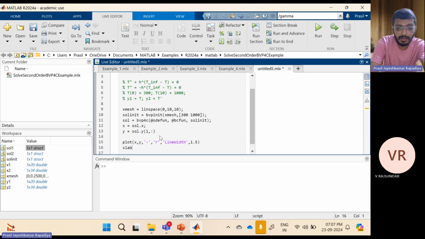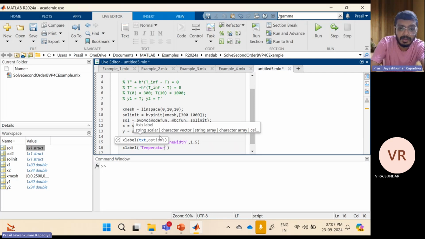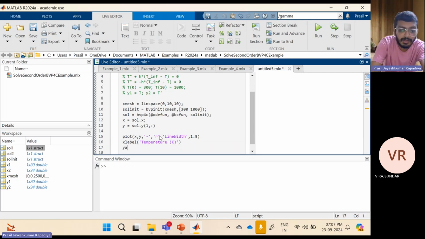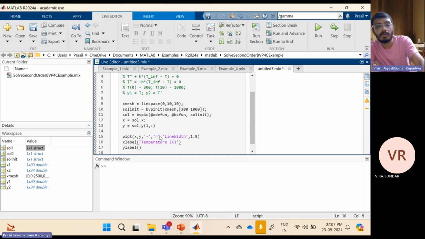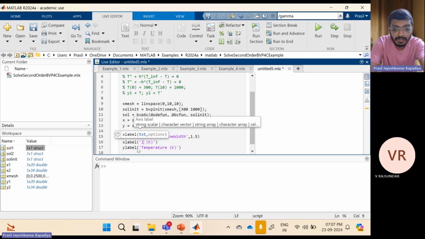And my y label will be temperature in Kelvin. Sorry, my x label will not be temperature. This is my y label, and my x label will be length, and the unit of length is given as meter.